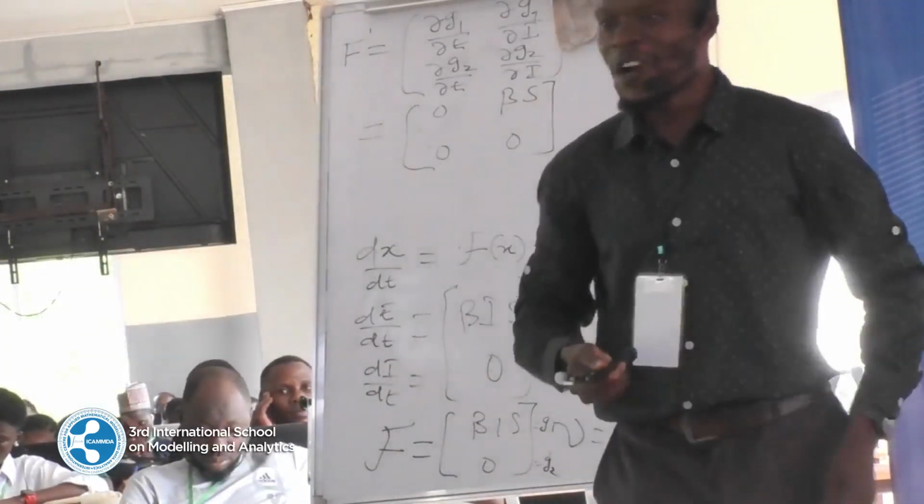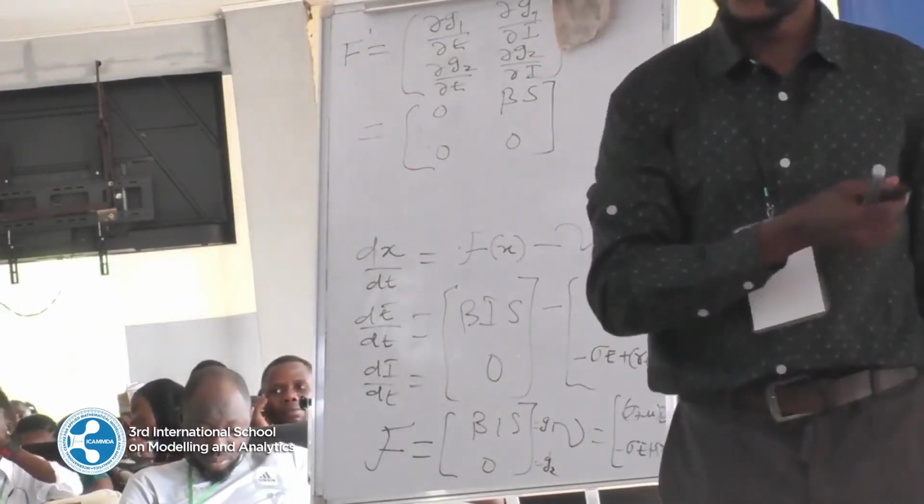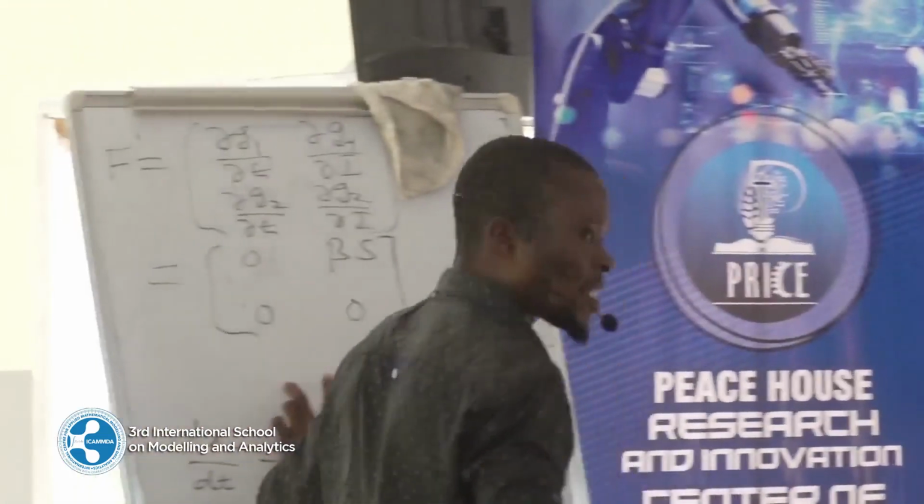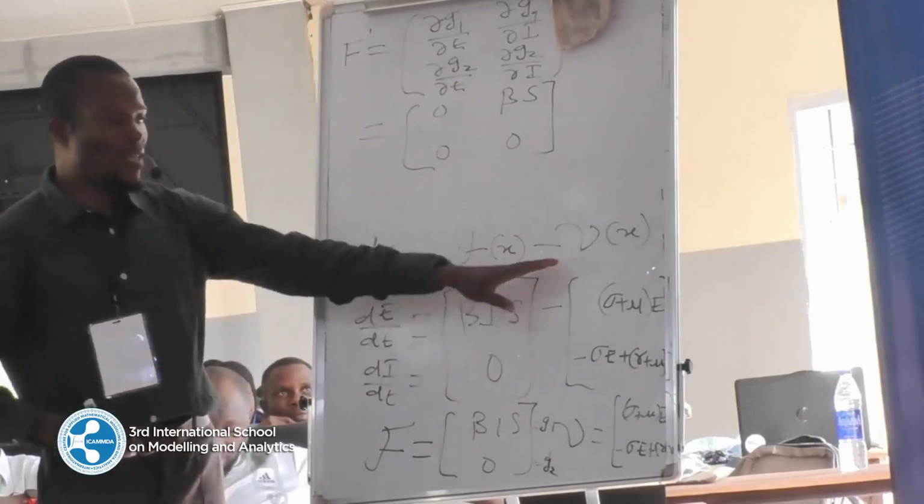Who is not with us? So, we have identified the infected classes, which we called E and I, right? So we brought out those compartments and we expressed it in this form.